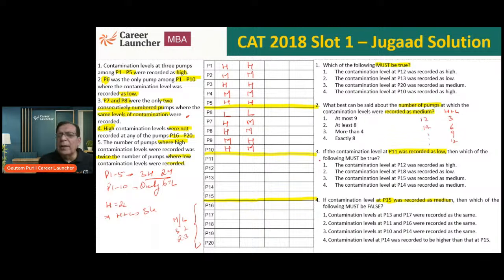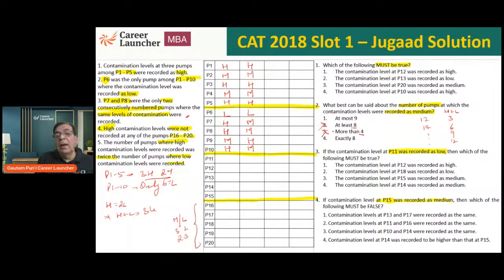So when the question comes, look at the choices. If the answer choice is more than 4, that means all numbers more than 4 will be applicable. Cannot be the answer. At least 8. Not possible. Because all numbers more than 8 are not acceptable. Because at least 8 means even 9 should satisfy, 10 should satisfy, 11 should satisfy. No. Which is not possible.